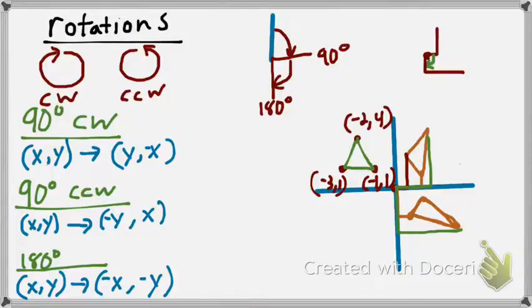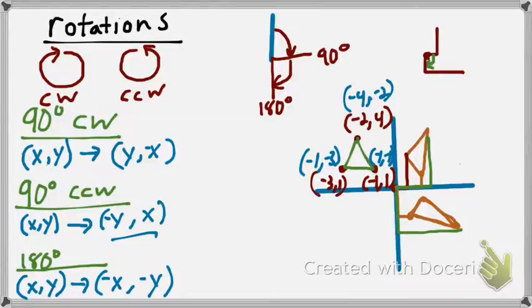Well, I know that my x and y are going to change positions, and my y is going to become negative. So -2 and 4 is going to become -4, -2. This will become -1, -3. This will become -1 and -1.